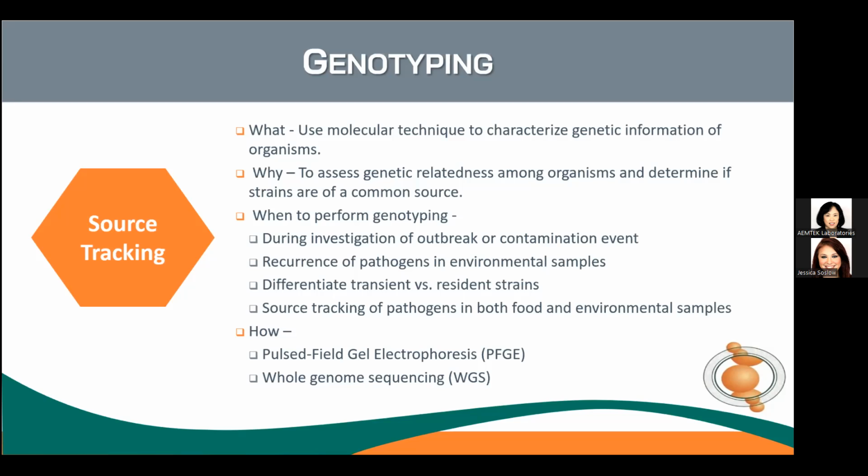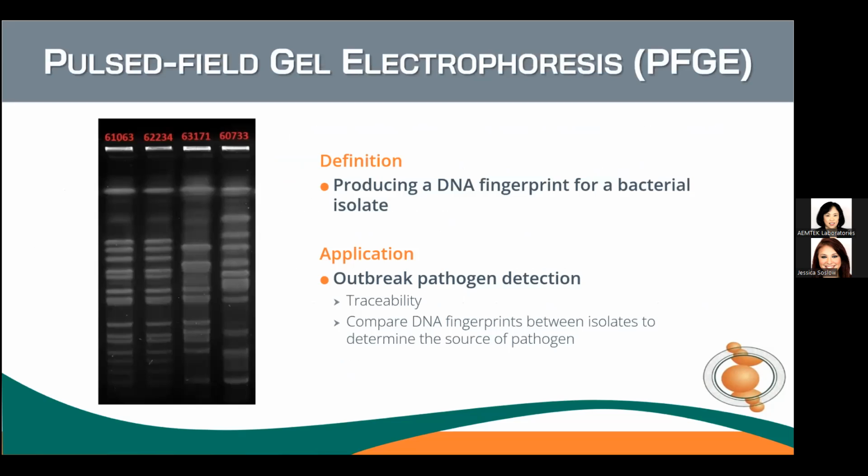There are basically two techniques for genotyping or molecular typing, however you want to call it. One is pulsed-field gel electrophoresis, and one is whole genome sequencing. Pulsed-field gel electrophoresis, PFGE, is to produce a DNA fingerprint for a bacterial isolate.